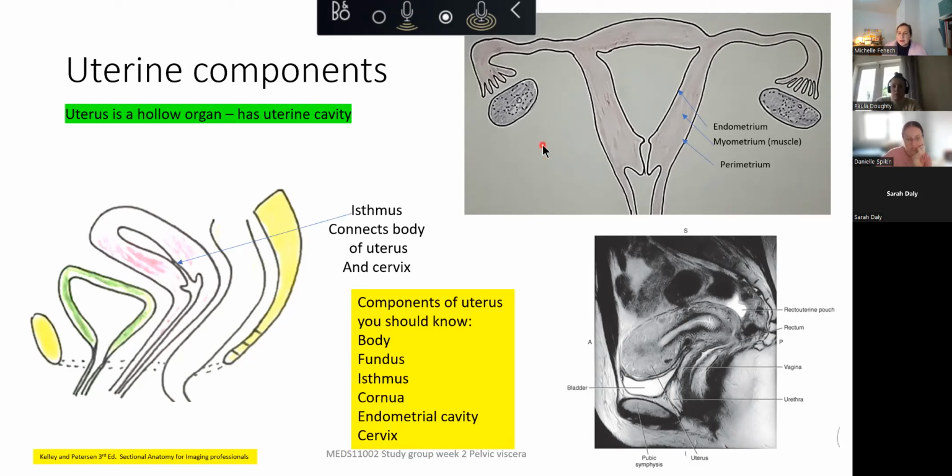Can you see that better with the red dot? What do you think this is pointing to? How would you describe what that little dot is pointing to? Is that the body? Yes, the body of the uterus, and the myometrium in the body of the uterus. What do you think this bright area here is?